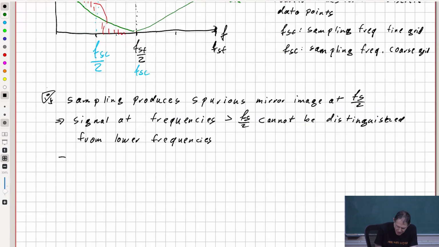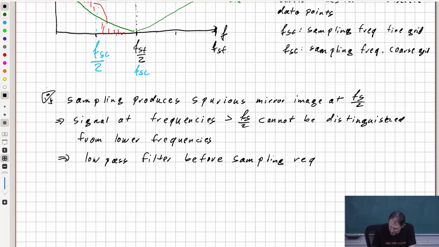And this means you would actually require a low-pass filter before you sample. And this is also the way this can be done and has been done successfully in the lattice Boltzmann method, grid refinement.